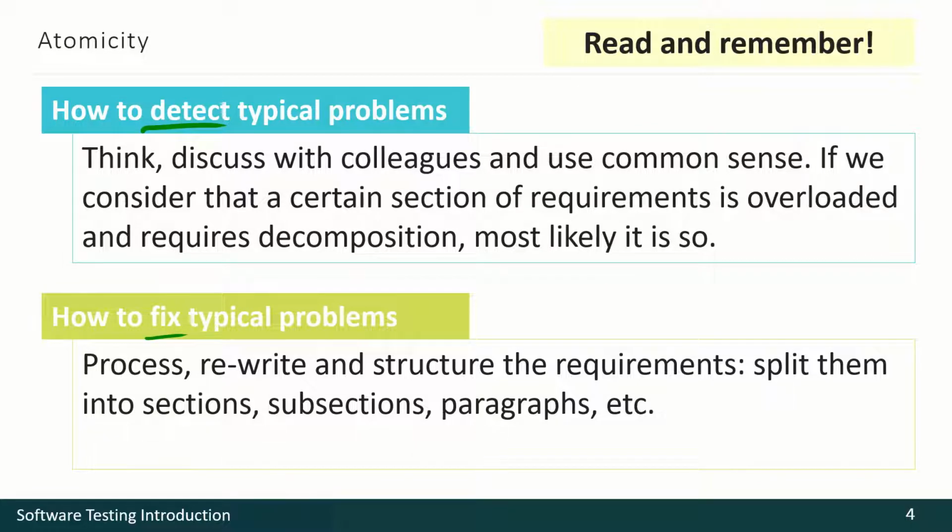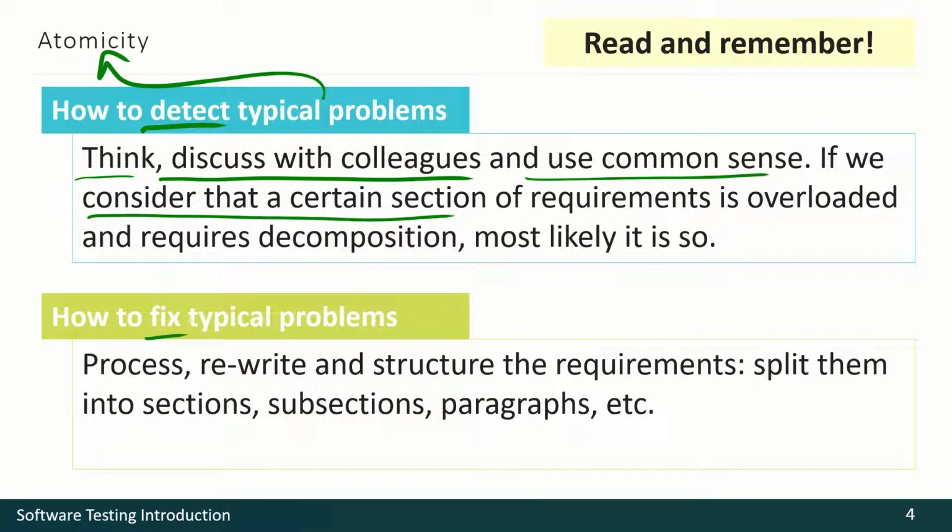How to detect and fix typical problems with atomicity? The best approach here is only to think, discuss and use common sense. There is no magical formula there. This is the only approach.